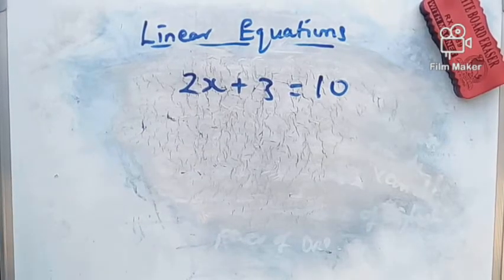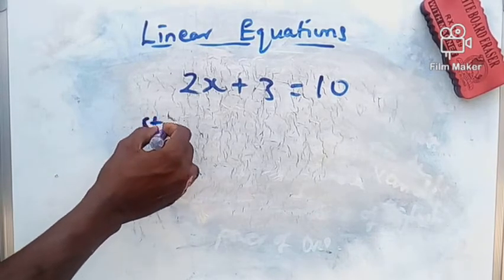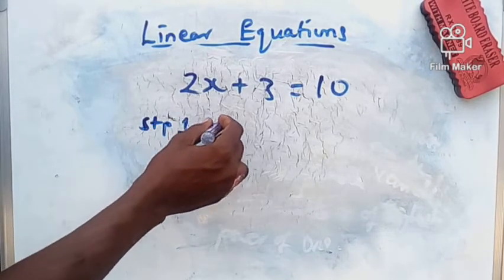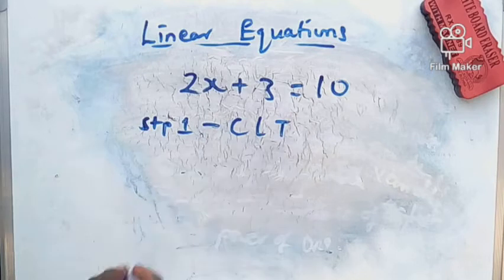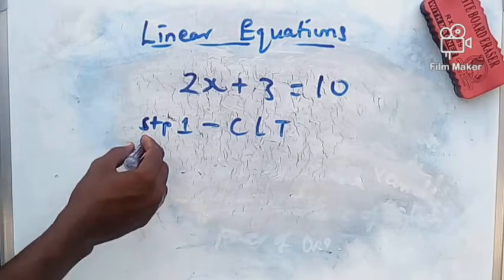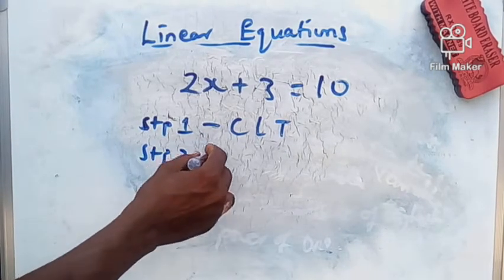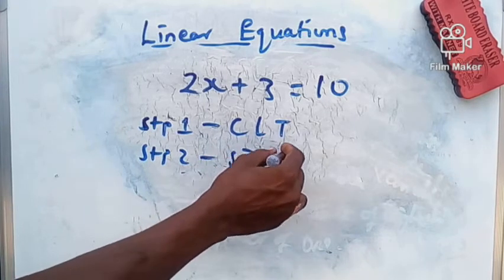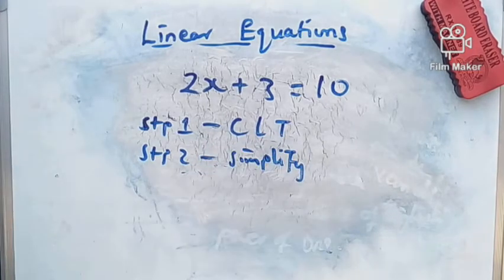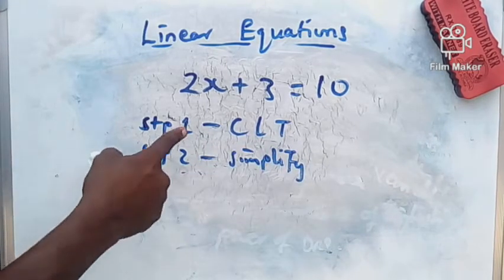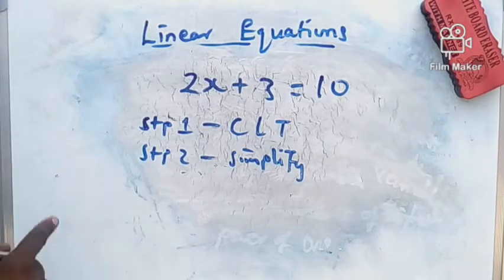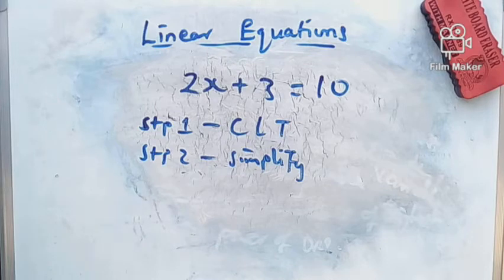And what are those rules? Step 1, collect the like terms. Step 2, simplify. As easy as that. Step 1, collect the like terms. Step 2, simplify. And once that is done, you are good to go.